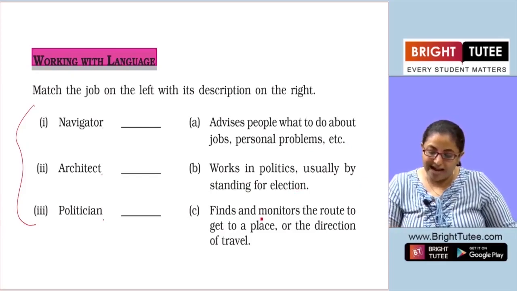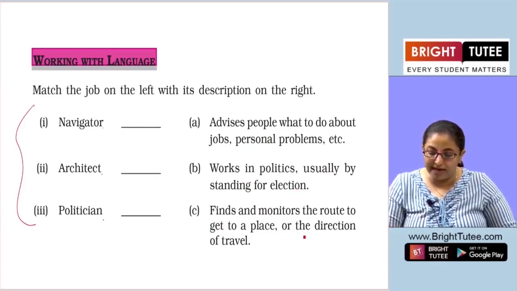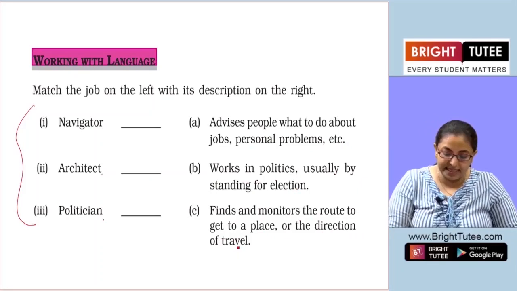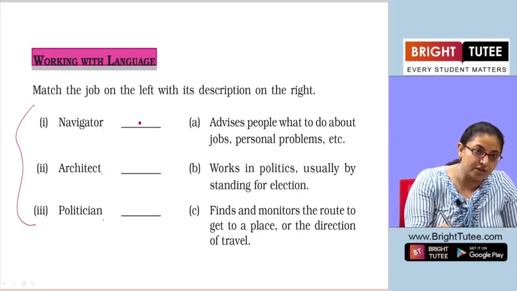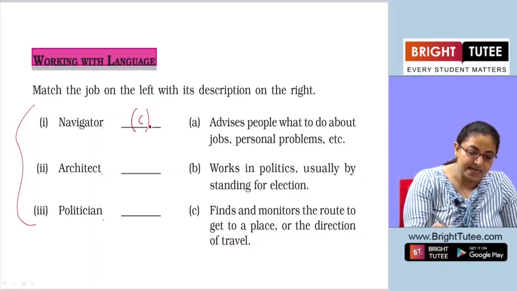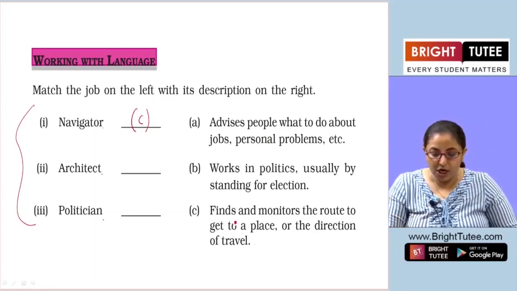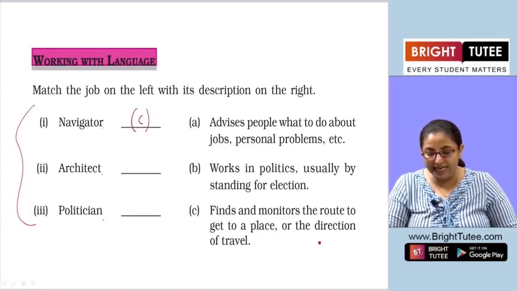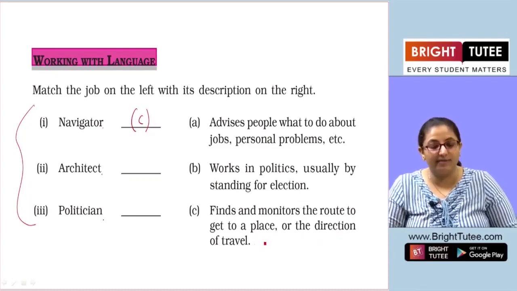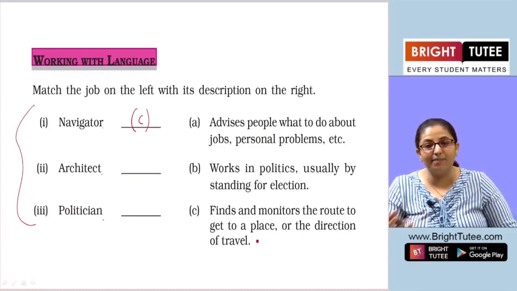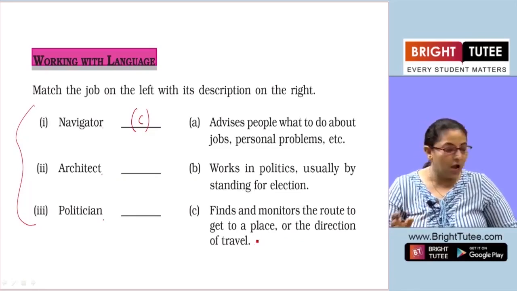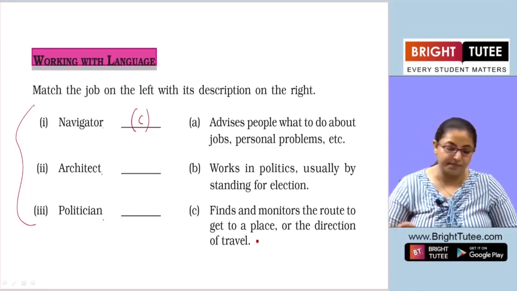No. Finds and monitors the route to get to a place or the direction of travel. This would be the right answer. So the answer would be C. A navigator is a person who finds and monitors the route to get to a place or the direction of travel. Navigator means, in simple words, one who navigates, one who tells the directions.